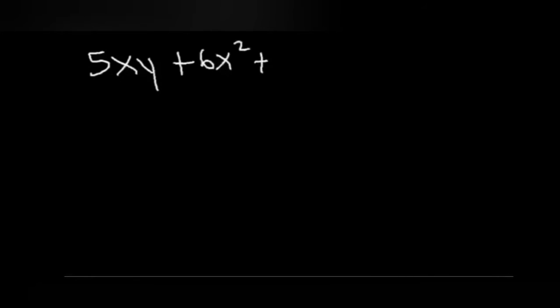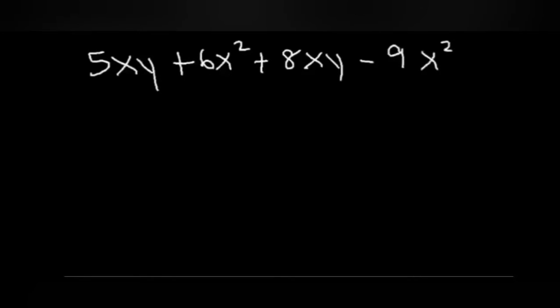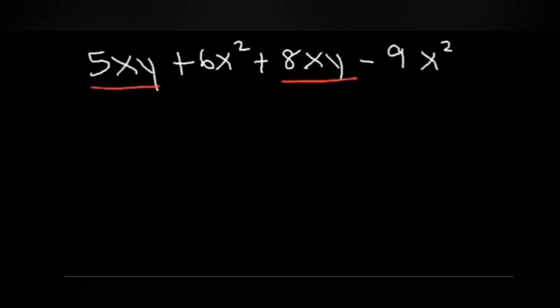Now let's take another example. We have 5xy plus 6x squared plus 8xy minus 9x squared. Now what we have here, we have 5xy and plus 8xy as like terms.